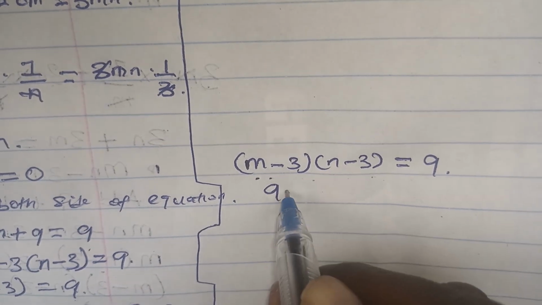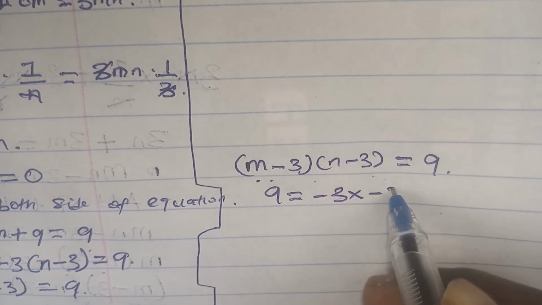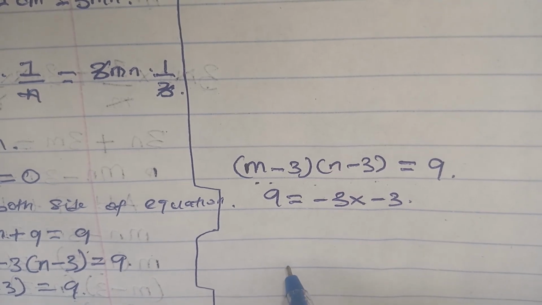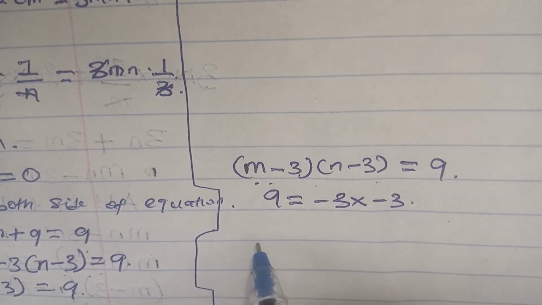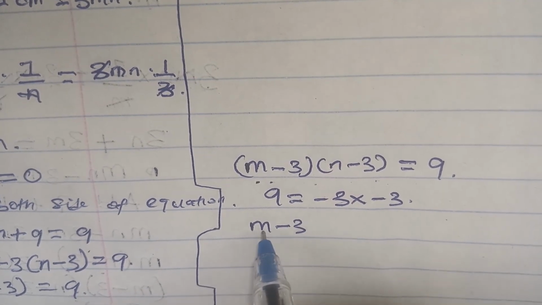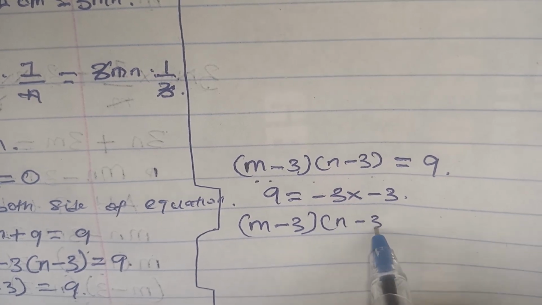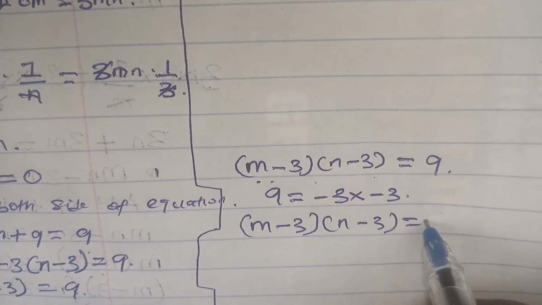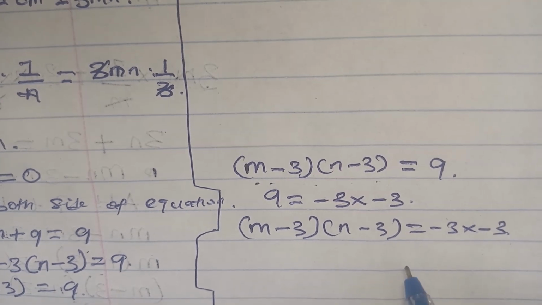So 9 is also equal to minus 3 times minus 3. So from here, what are we going to do? We can say m minus 3 times n minus 3 is equal to minus 3 times minus 3.